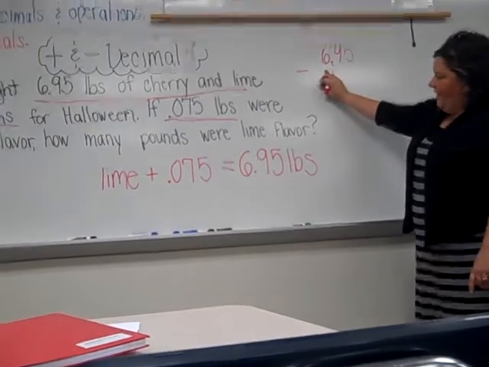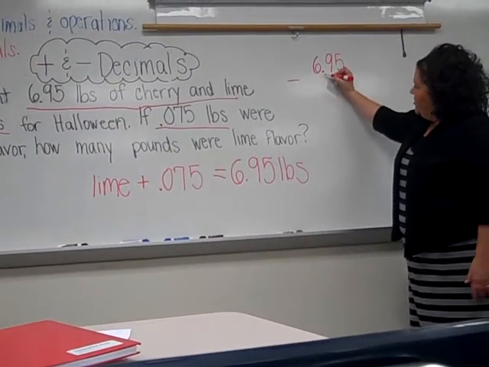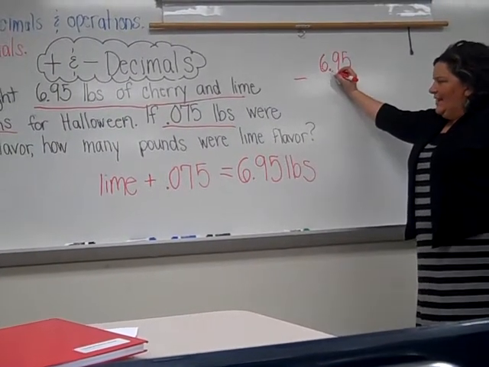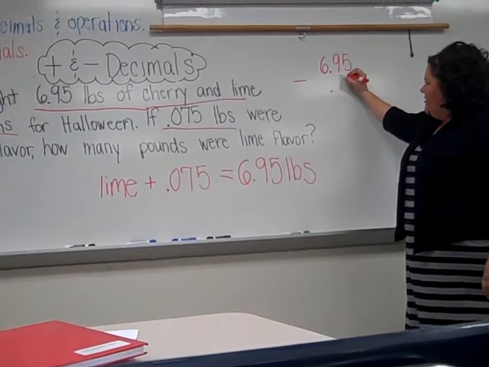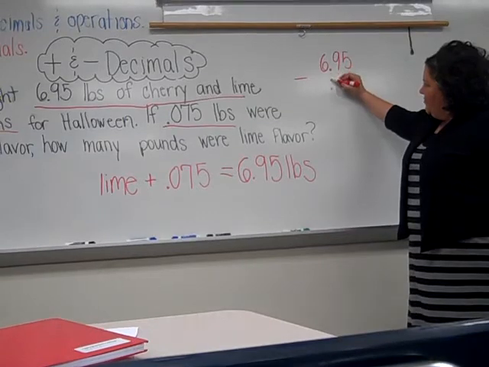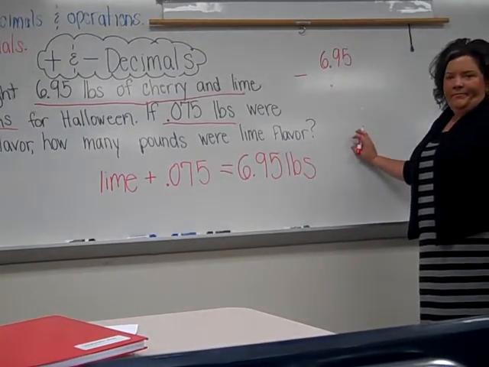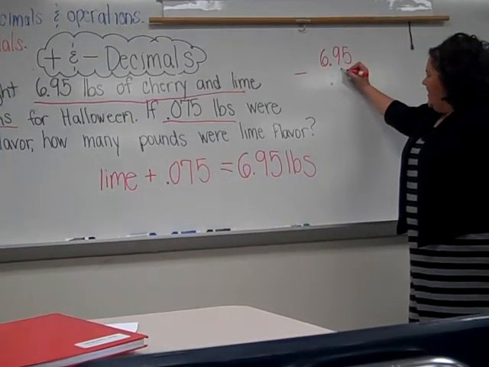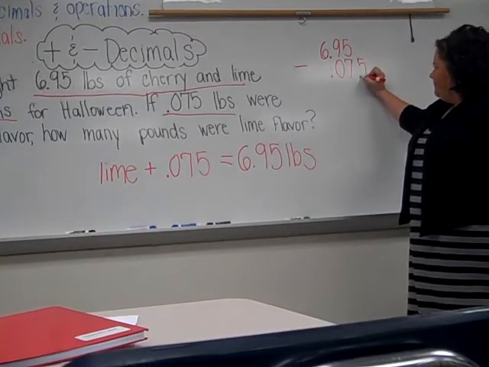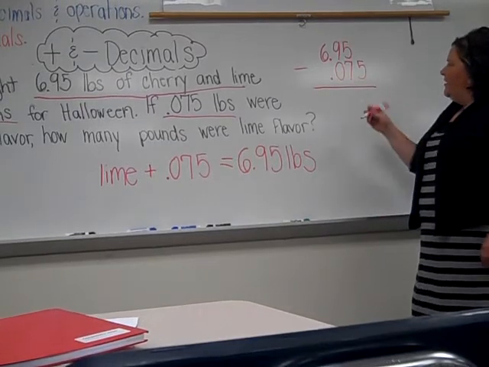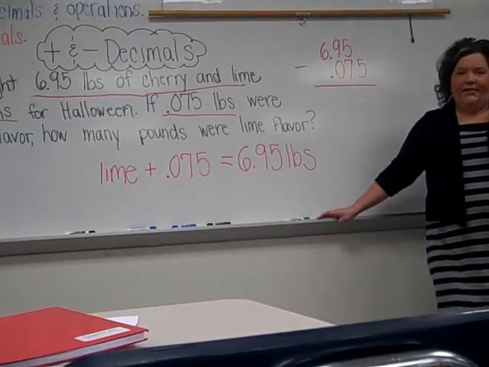So 6 and 95 hundredths, and I'm going to write the cherry flavor amount directly under it, so I could solve. Notice my little decimal points are lined up. And we had 75 thousandths that were our cherry flavor.